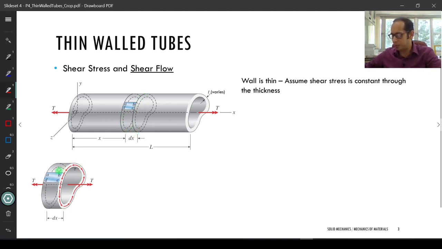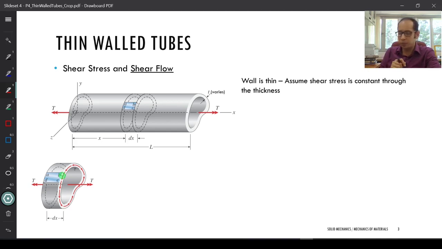If you are portraying it over here and assuming the wall is thin, that means your shear stresses across this thickness are... remember when we were looking at the solid shaft, the shear stress is maximum at the exterior and minimum at the centroid, right?